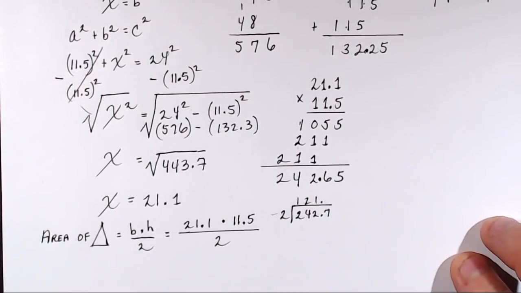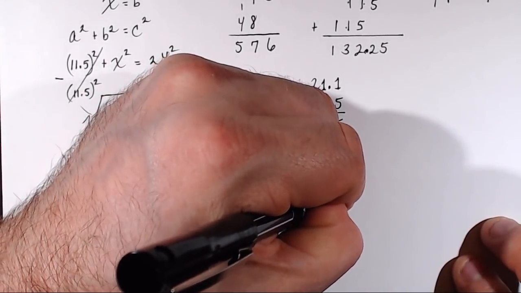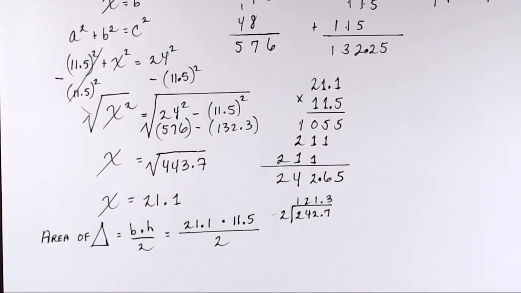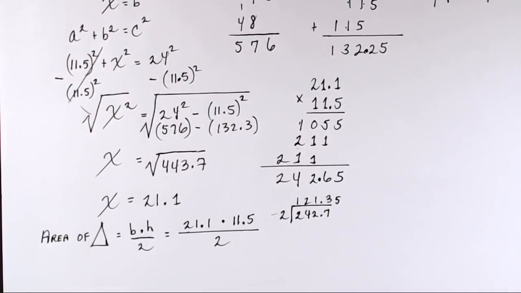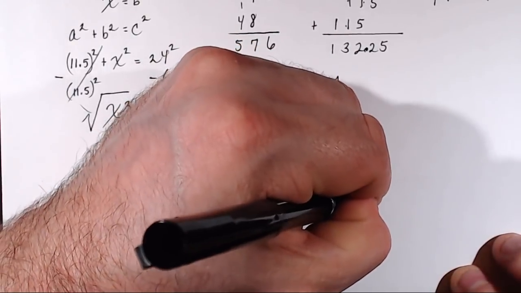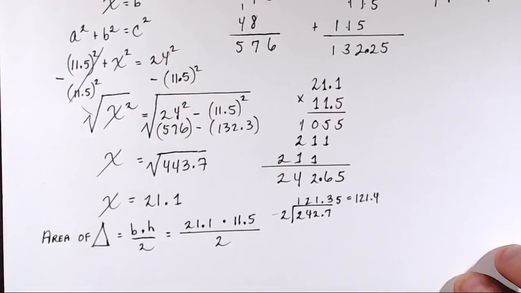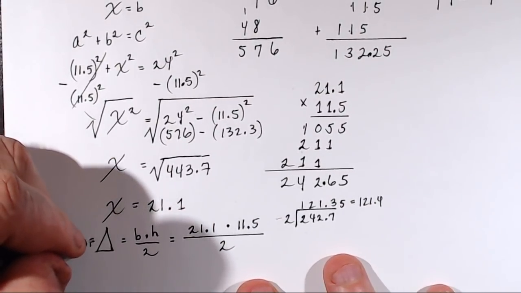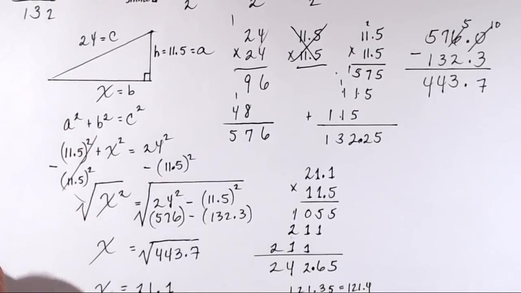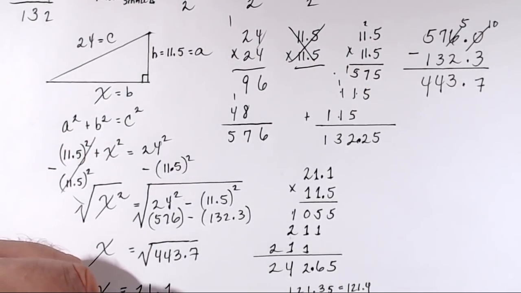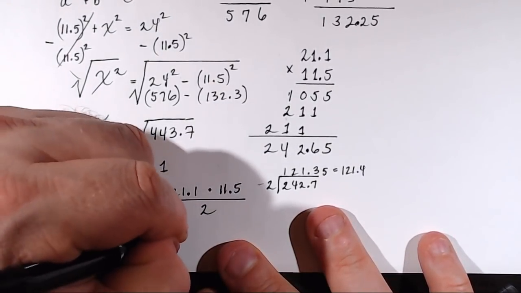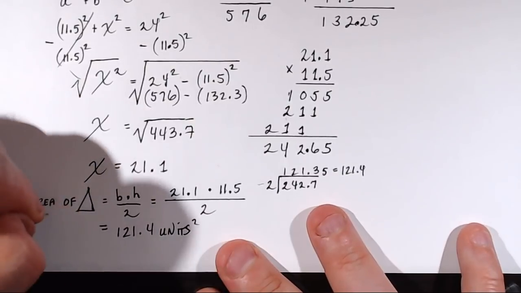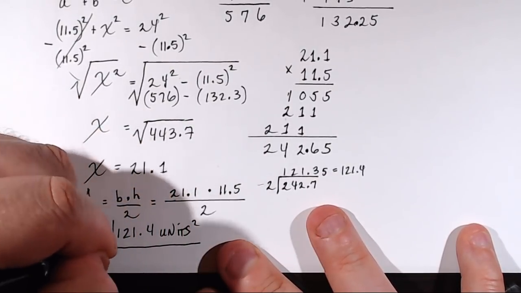Point, 2 goes into 7 3 times, and then you'll end up with 1 remainder 5, so it's going to be 121.35. And rounded to the nearest tenth, that equals 121.4. So the area of the big triangle is equal to 121.4 units squared, and that's the area of the big triangle.